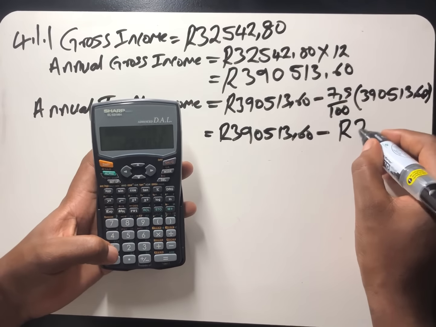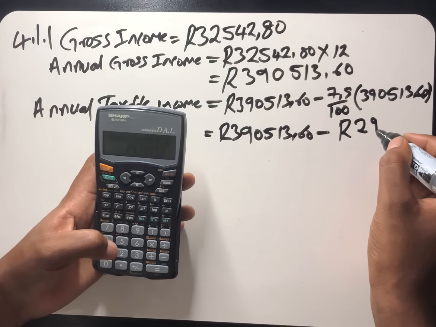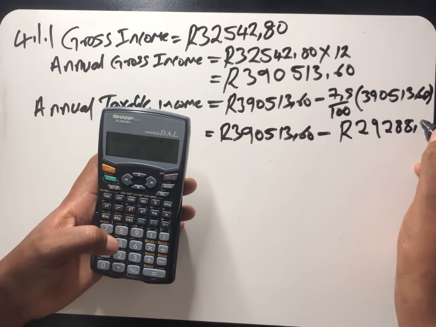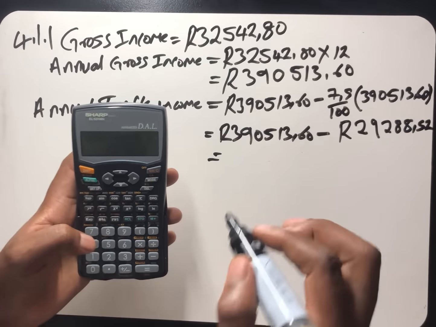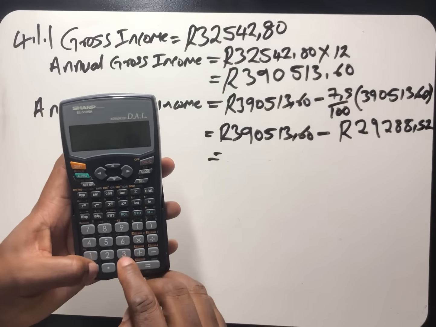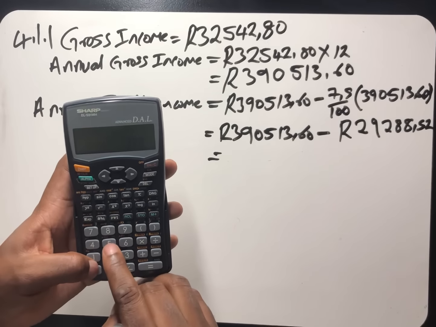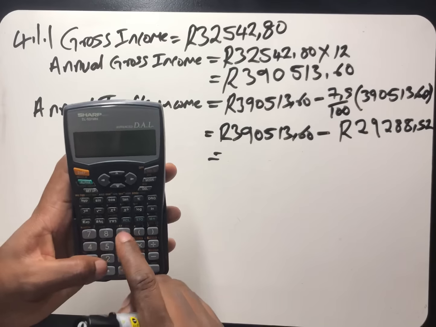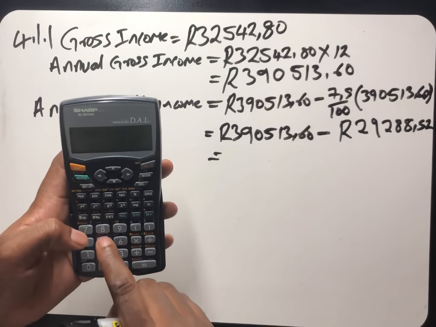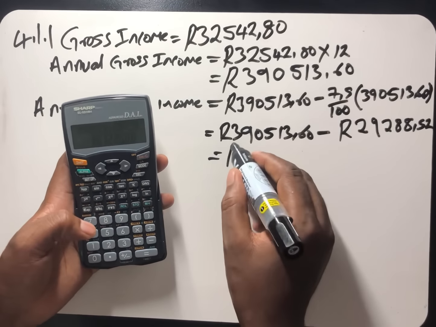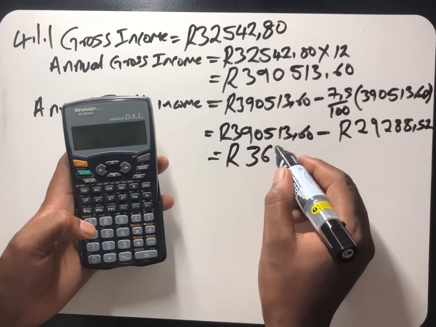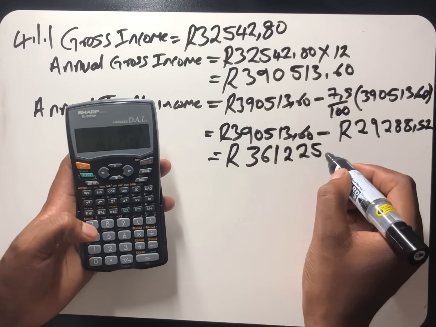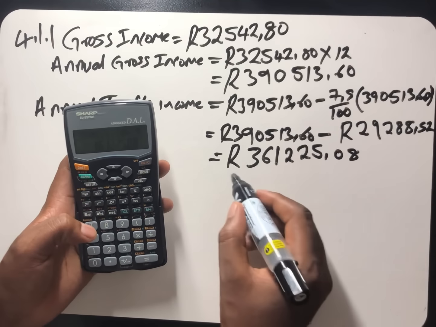The product there is R29,288.52. Then 390,513.60 minus 29,288.52, we find that it is R361,225.08.